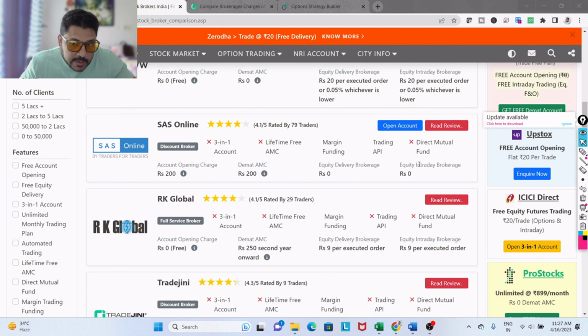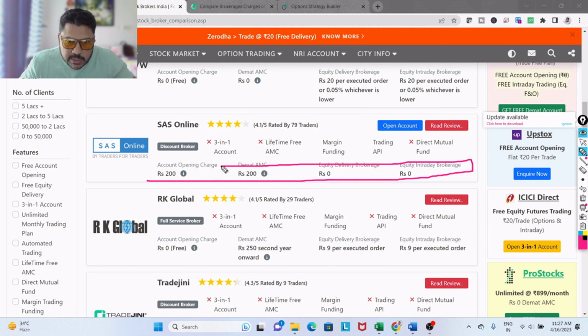You can now understand why I use SAS Online, because it gives you a lot of flexibility and savings in terms of your overall brokerage. So you can use this, and a plus point is they have good charting software as well, which you keep seeing in my videos. So this is step number 1, where you select the broker, open an account, open a DMAT account, and take a brokerage plan.